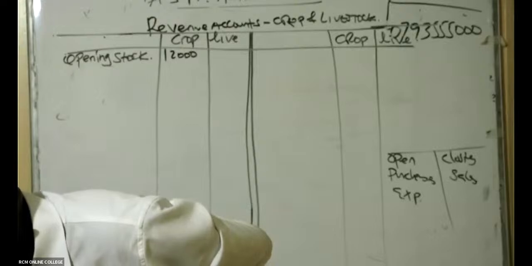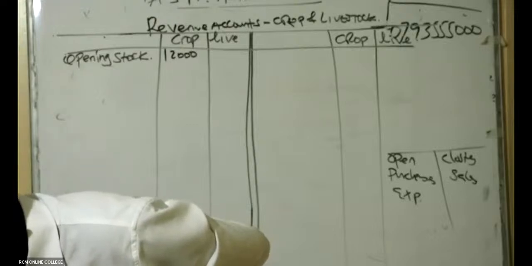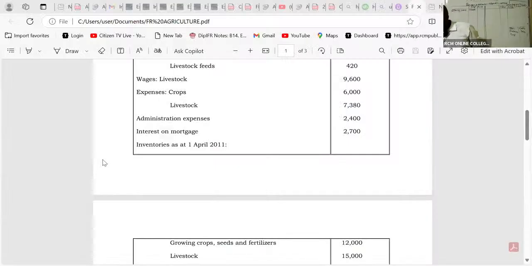I repeat the question. I wanted us to do the fairly obvious things, even before we read it. Like now here we have the livestock. You can see that opening stock of livestock is 15,000. Opening stock will always be debited.